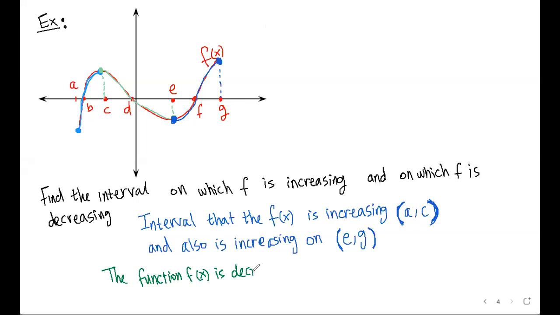The function is decreasing from this point, from C, going down up to E, on the open interval C up to E. Okay? Any question about this one? So here is increasing, here is decreasing. Any question how to find the increasing and decreasing by using the graph?